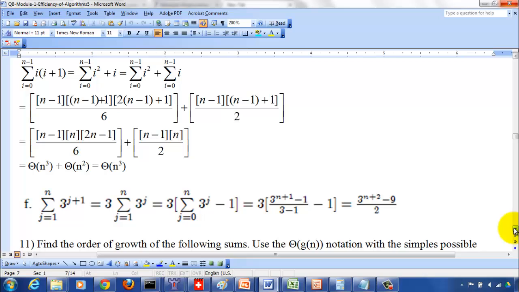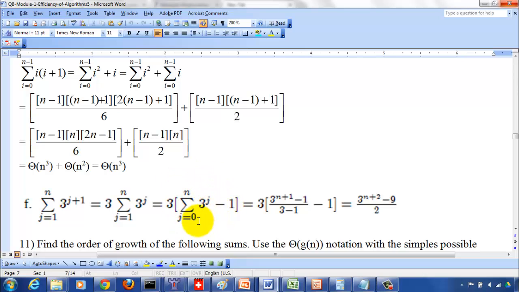Actually you can do it like this: 3 times 3 to the j. I can take the 3 out. If you want to apply the formula, you have to have j from 0, so j equals 0 to n. Since I am introducing 3 to the 0, I'm subtracting 3 to the 0, which is negative 1.